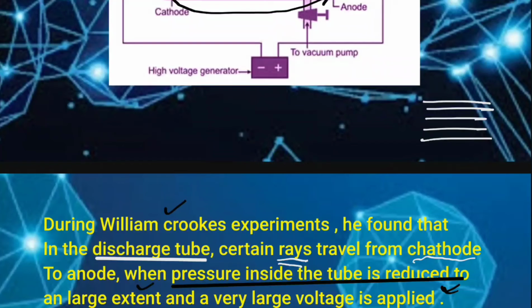There should be two conditions for these rays to appear. This is what William Crookes actually saw in his experiment. He found that in these discharge tubes certain rays travel from cathode to anode when the pressure inside the tube is reduced to a very large extent.